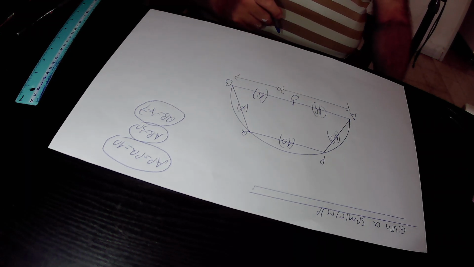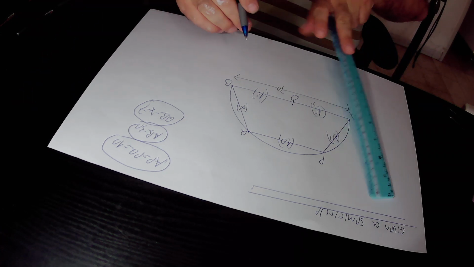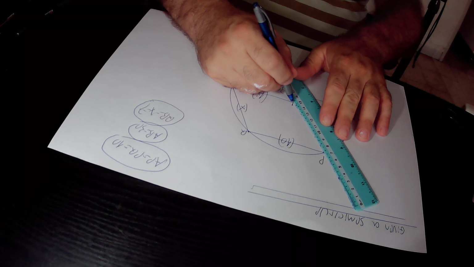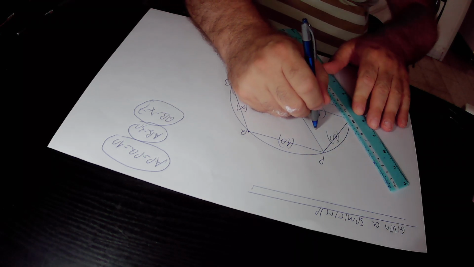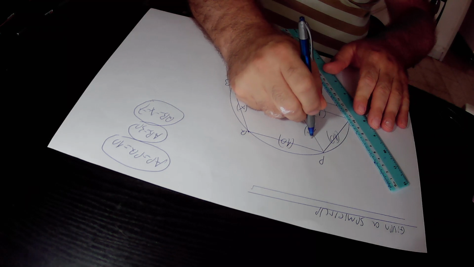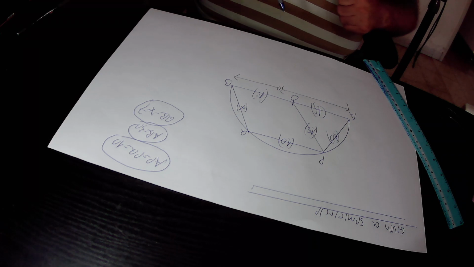In the next step, we join points O and P together by a straight line. OP is of course the radius of this semicircle that is equal to 15 units in its length. In the next step, we'll complete the semicircle to a circle.